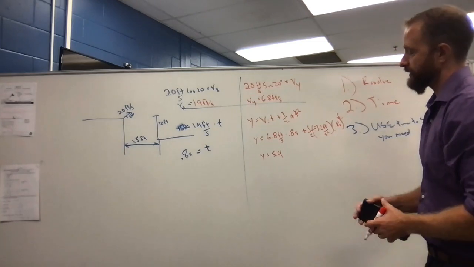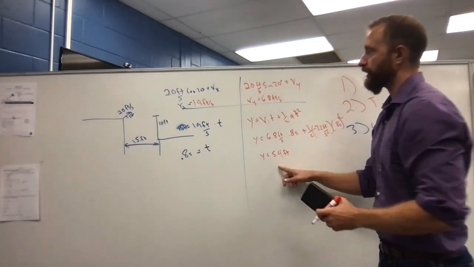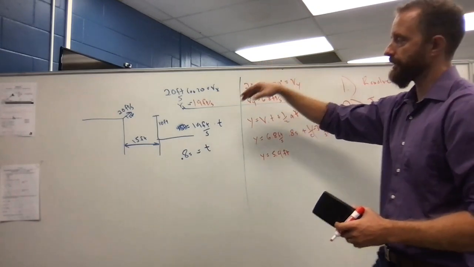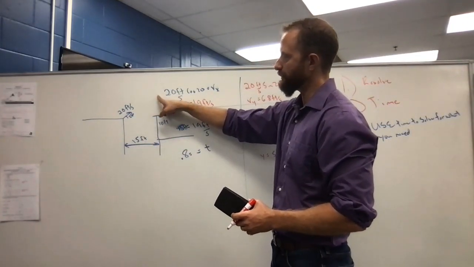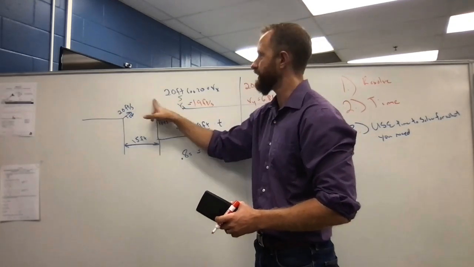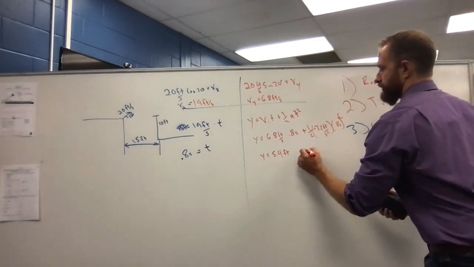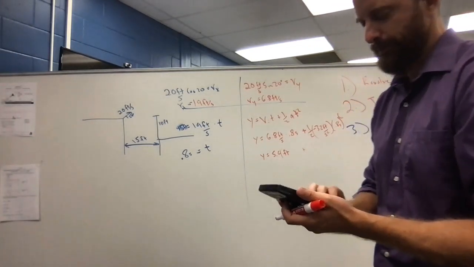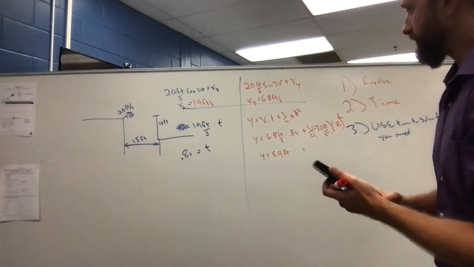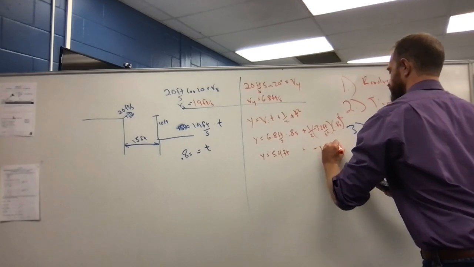So the 5.4 feet is how far up he would have gone if there was no gravity, right? He would have gone up 5.4 feet right here and ended up 5.4 feet higher than this thing if there was no gravity. There is gravity, so we would say plus negative 16 times 0.8 squared gives us a negative 10.2 feet.